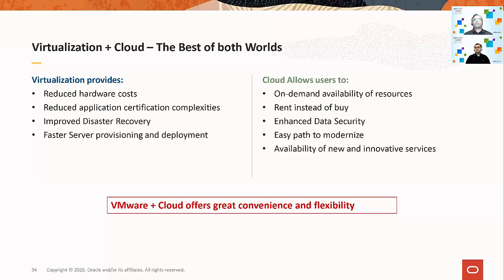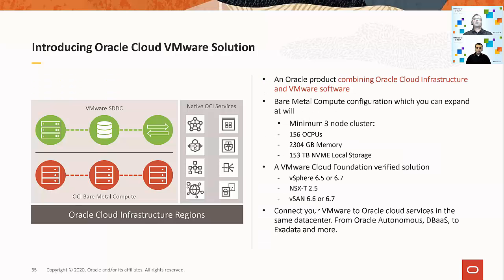You're now utilizing the availability of new and innovative services and enjoying the best of both worlds. You're enjoying virtualization with VMware, and you're enjoying the best of cloud as well. Next slide, please. Talking of the best of both worlds, VMware virtualization and public cloud with Oracle.